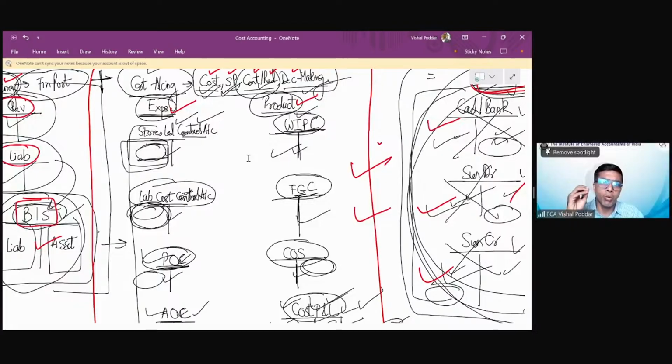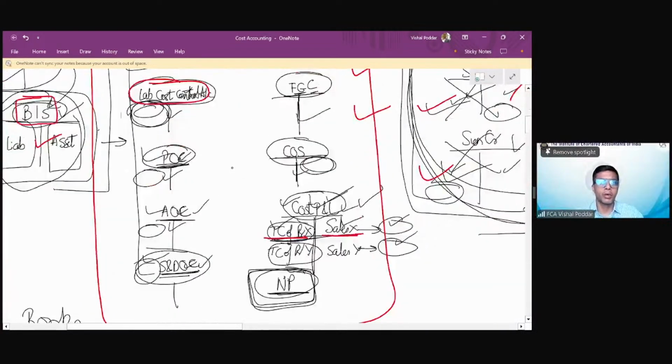So we only require these broad accounts. So the material account becomes your stores ledger control. Your labor, all types, wages, direct, indirect, salary becomes your labor cost control account. And then the three overheads are the production overheads control, administration overheads control, selling distribution overheads control. Fine.